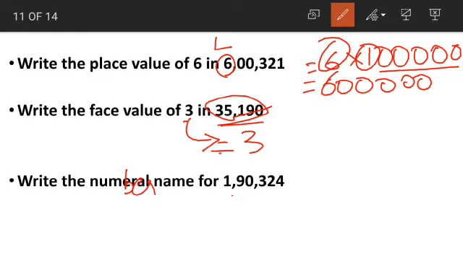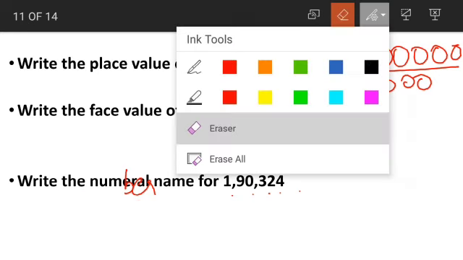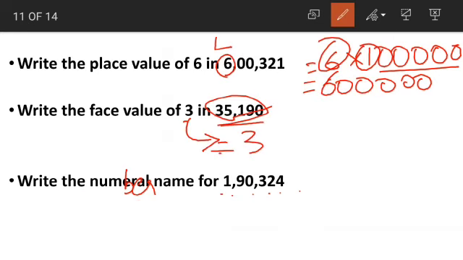Write the number name for 1,90,324. How do we write? We should write it in numbers. What is the number given here? 1,90,324.